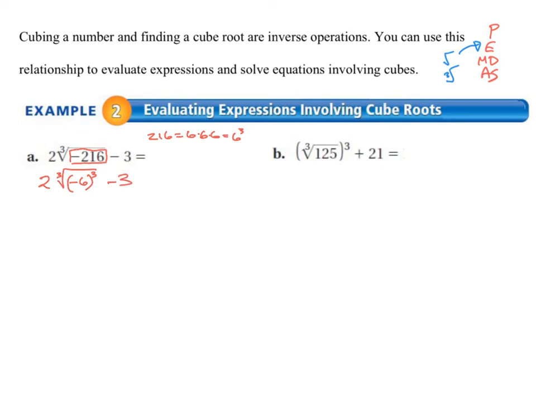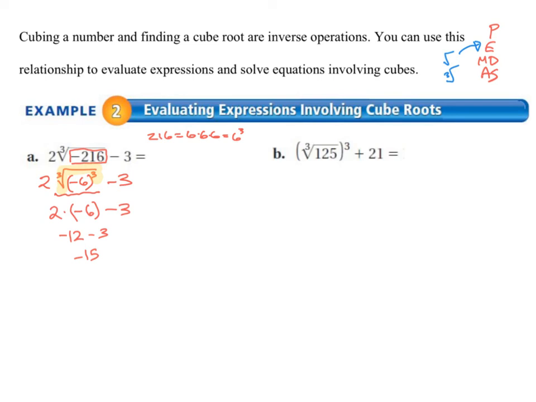So when we've got that, hopefully you're recognizing that this cube root and cubing the number are inverse operations. So this turns into 2 times negative 6 minus 3. So this part of the expression just comes down to be negative 6. Multiplication first, we get negative 12 minus 3. Final answer of negative 15.